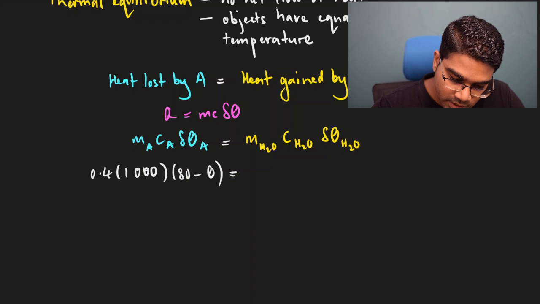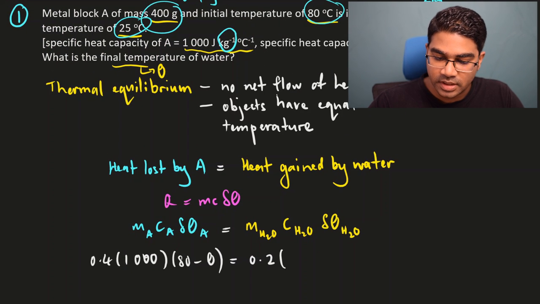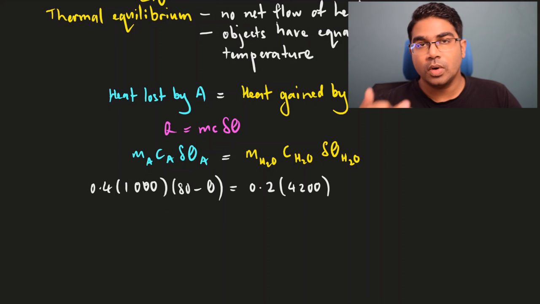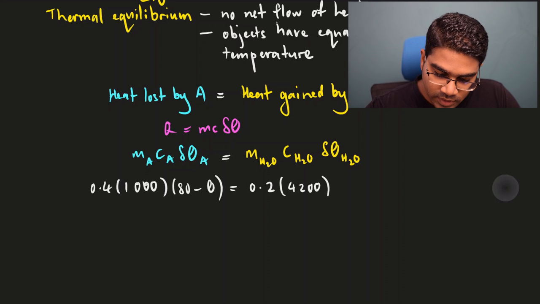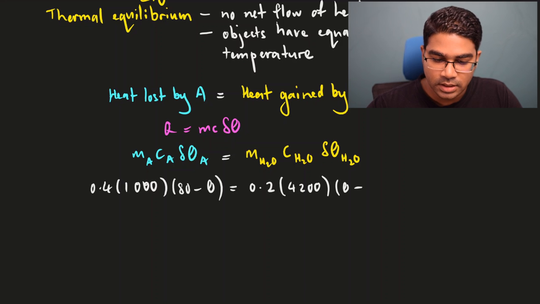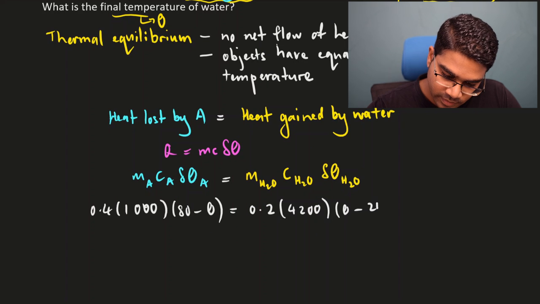So the mass of water here is 0.2 kilograms. Specific heat capacity of water is given as 4200. And the change in temperature. Now for water, heat is gained by water. So the temperature is going to increase. Therefore we put theta first. Theta minus the original temperature of water. Initial temperature of water was 25.